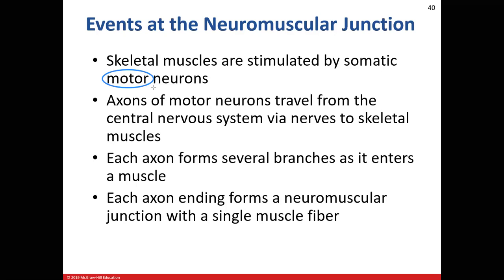Each axon is going to have several branches as it splits off and enters into the muscle. Each of these axon endings, or axon terminals, is going to form a neuromuscular junction with a single muscle fiber. So every single axon splits off, and every single muscle cell has a neuromuscular junction with an axon terminal.